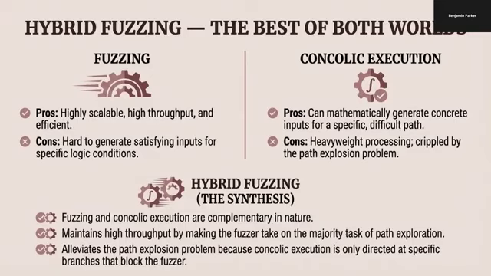This means the concolic executor is essentially a specialized tool that only comes in when it's needed. It alleviates the path explosion problem since you're not running concolic execution on every single path.